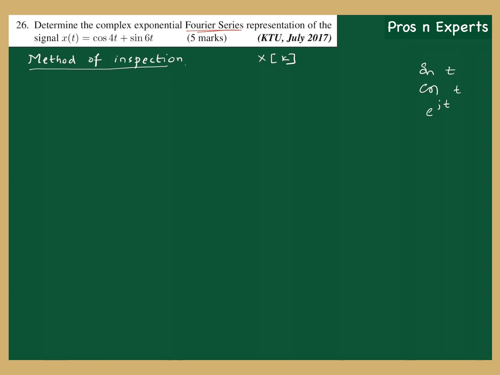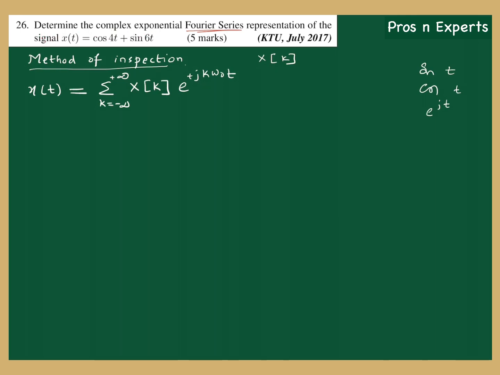Let me start with the expression: any continuous time periodic signal x of t can be represented with Fourier series coefficients by the equation sigma over k equal to minus infinity to plus infinity of x of k, the Fourier series coefficients, into e raised to plus j k omega 0 t. Since there is an omega 0 coming here, I have to find the omega 0 from the given signal.